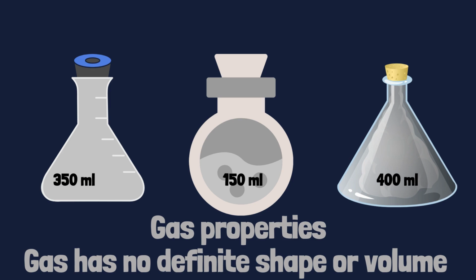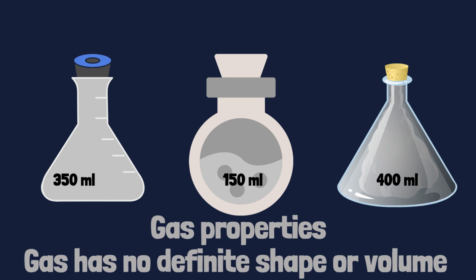So we will see that the gas fills all containers. It takes the shape of the containers, so it has no definite shape. And also here we have different volumes, and the gas will spread in these containers. It will take the volume of the container.